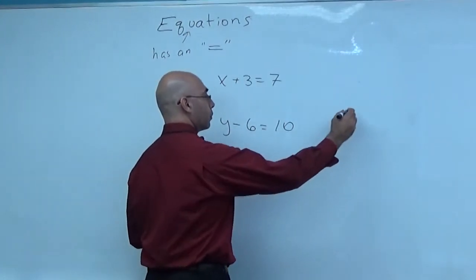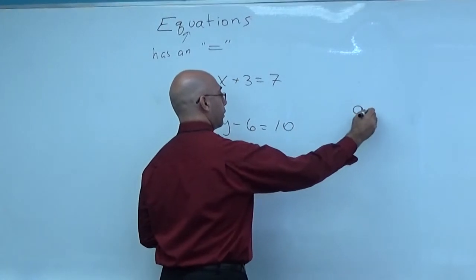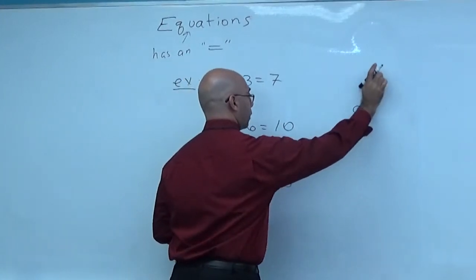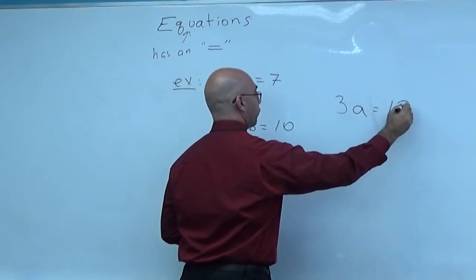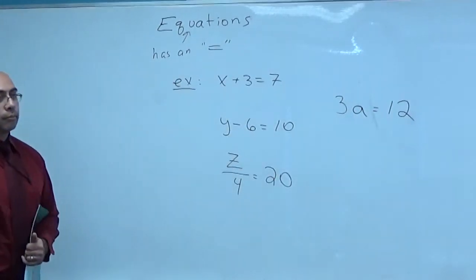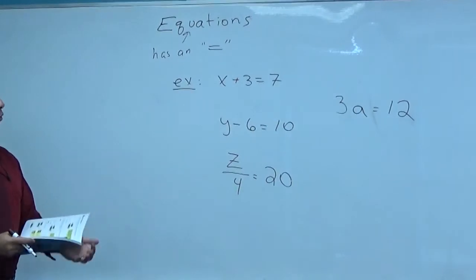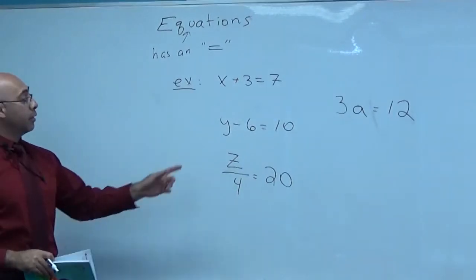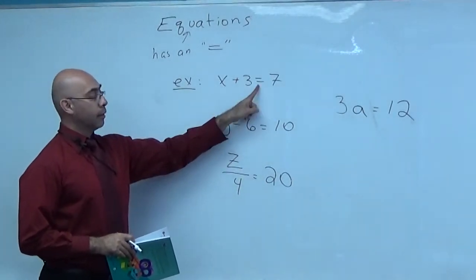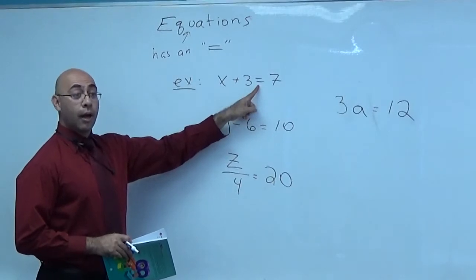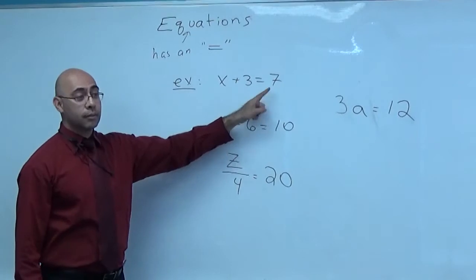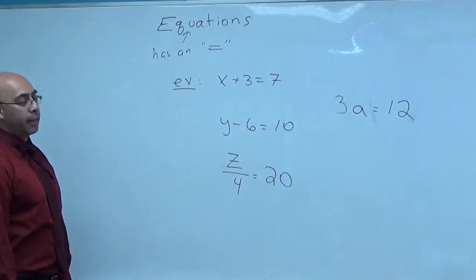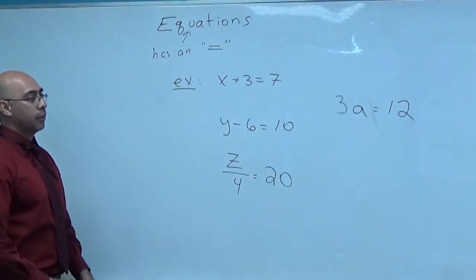And let's just write it this way: 3 times A equals 12. These are all examples of equations because they have something equal to something else. Now I'm just going to ask you, what do you think this answer is going to be?